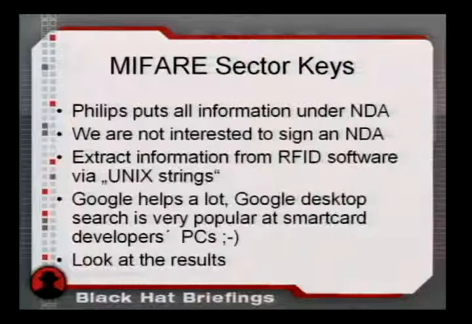And once again, Google is your friend. Every developer has Google Desktop installed. It's very popular, especially with smart card developers. And what's the problem? They're all lazy. They don't want to enter passwords to access things. So they put all this secret information into a special directory where no one else can access it. Unfortunately, Google search was installed on this machine.